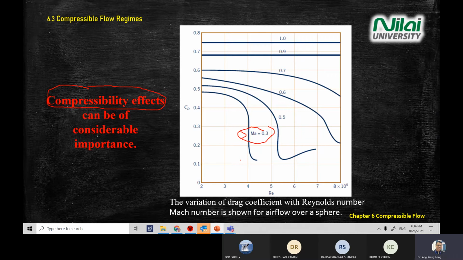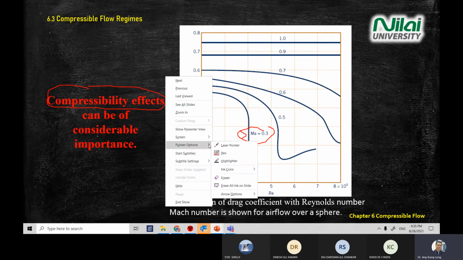In a textbook or handbook dealing with compressibility, normally you won't find values less than 0.3, unless there's specific research at that particular speed. Just take note of this.